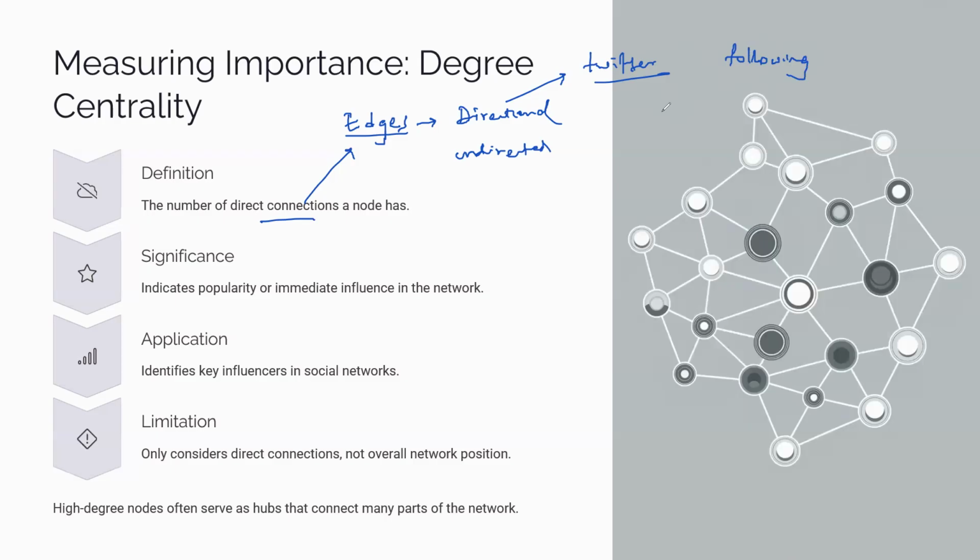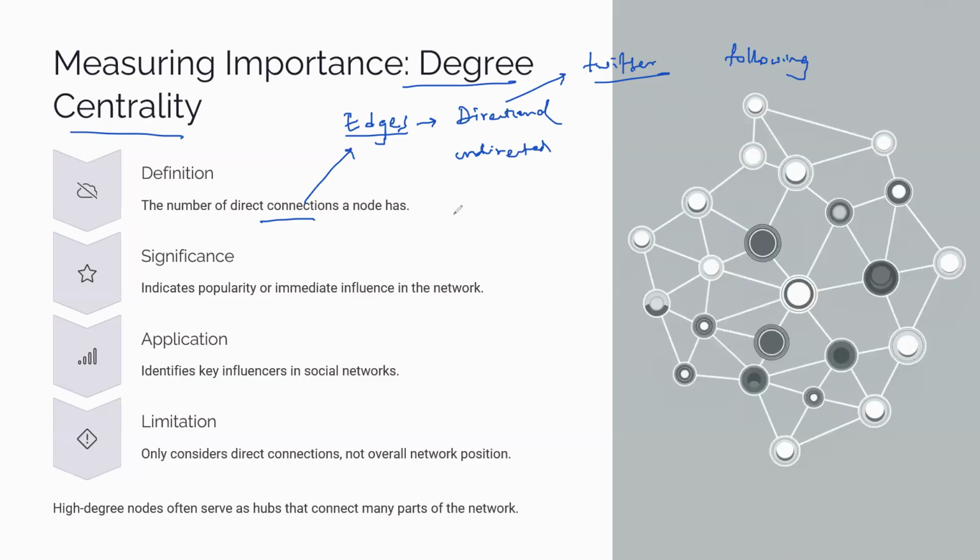More people follow Virat Kohli. Does that mean Virat Kohli is also following you? No, right? So this is the important aspect that we have to look at when we are considering degree centrality. There will be inward degree centrality and outward degree centrality depending on the type of connection that we are looking at. So your network also needs to consider the direction of the connection in order to establish these insights.